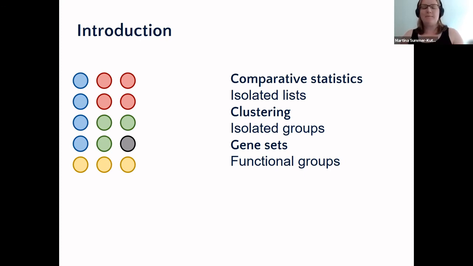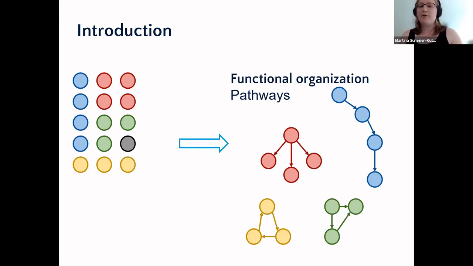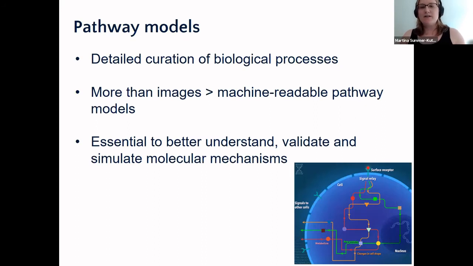And with pathways and networks, we actually try to go a little bit further. We try to look at this functional organization of how these molecules are actually working and participating within a certain process. And that's what the whole part about Wiki Pathways and the disease map project is about. So these pathway models are really detailed curation of biological processes, but they're more than images.